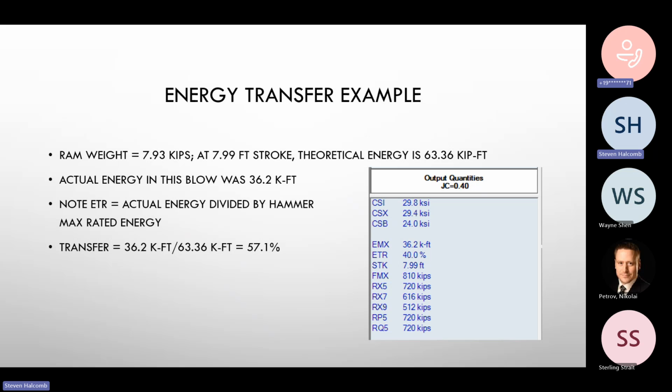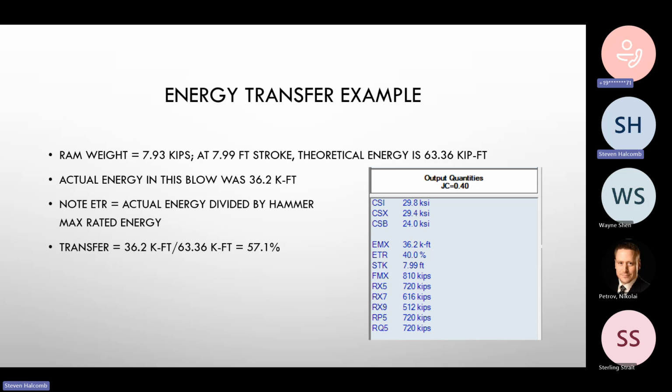So this is just an example that came from that same project. I don't actually remember which project it was, but the screen here on the far right is that same one that we had from earlier, and we have this energy of 36.2 kip-feet. That's the energy that the pile is actually feeling from that hammer.